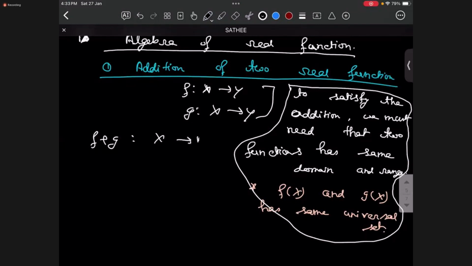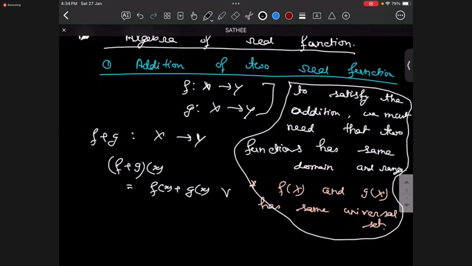This is a function from X to Y defined as (f plus g)(x) equals f(x) plus g(x) for all x belonging to capital X. Thus we can define addition of two functions.